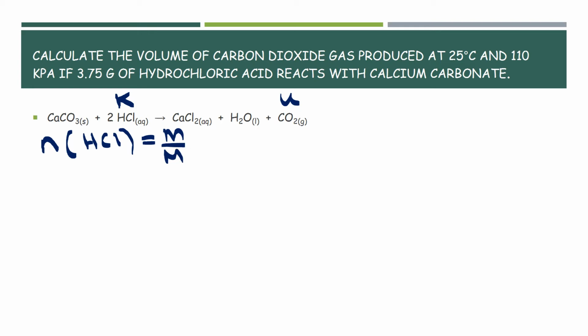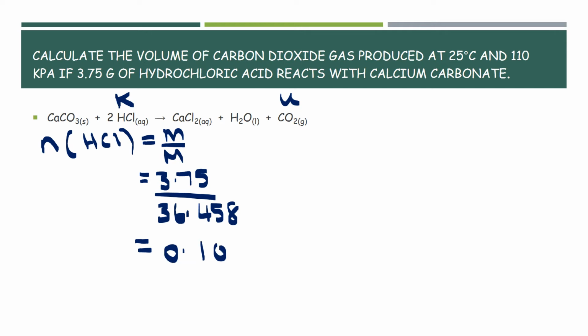So the mass is 3.75 grams divided by our molecular mass, which is 36.458. And this comes out to be 0.1029 moles. Now, I'm actually going to store that information in my calculator.